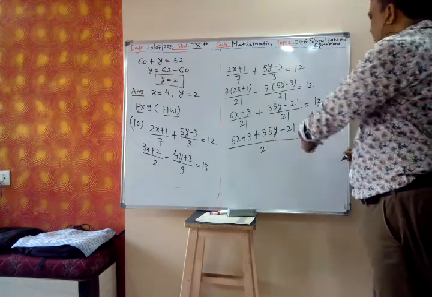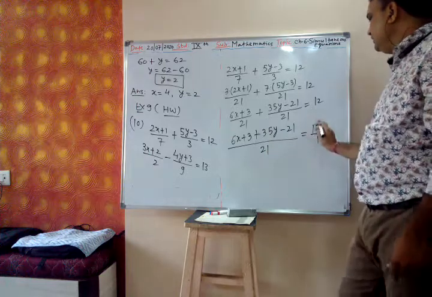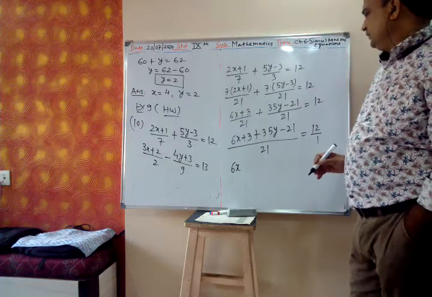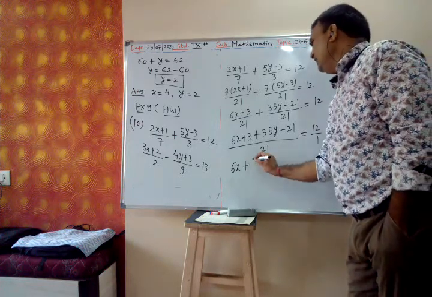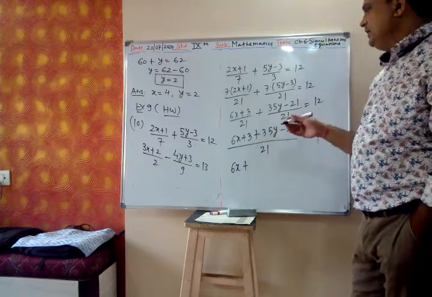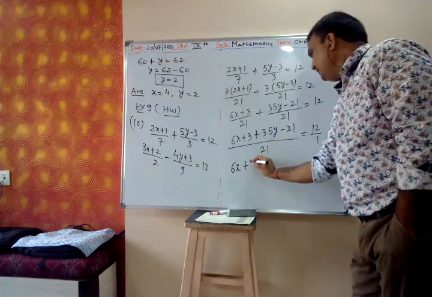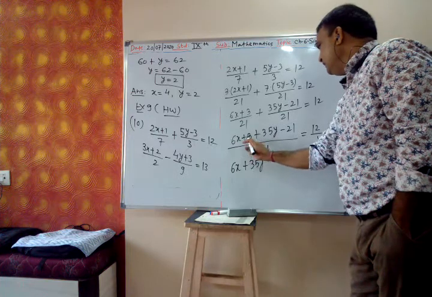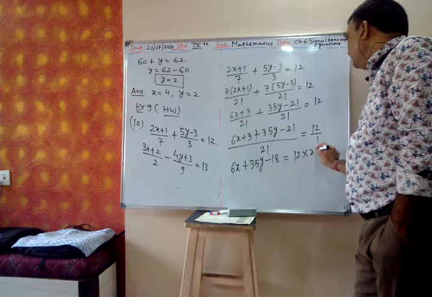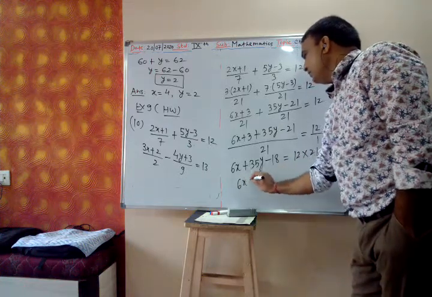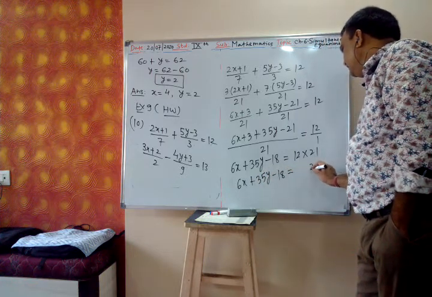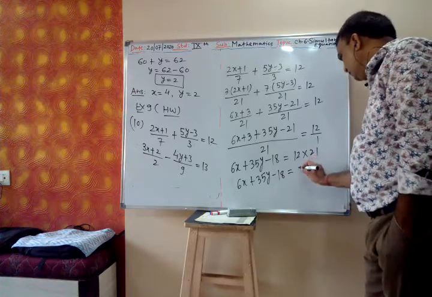12 means 12 upon 1. Now cross multiply. 1 is multiplied to this, 21 is multiplied to this. Some of the steps we write directly because we are in 9th standard, no? So 6x plus 35y plus 3 minus 21 is minus 18 is equal to 12 into 21, which is 252.